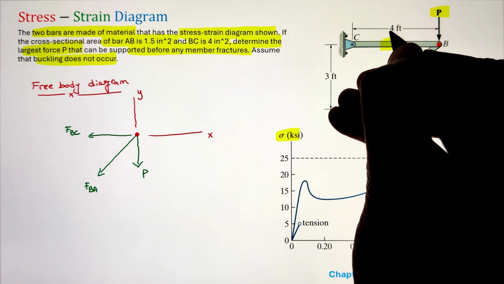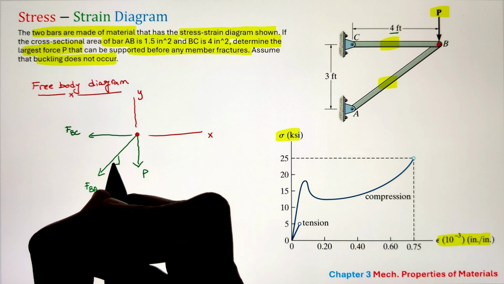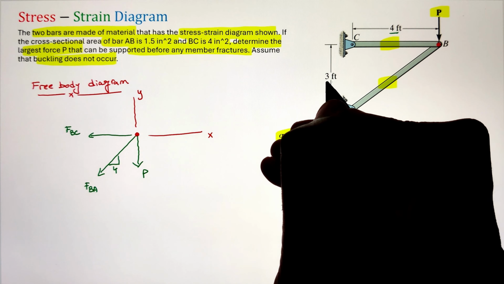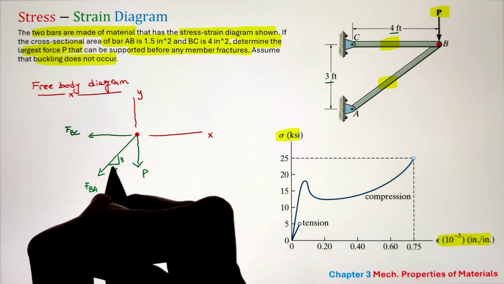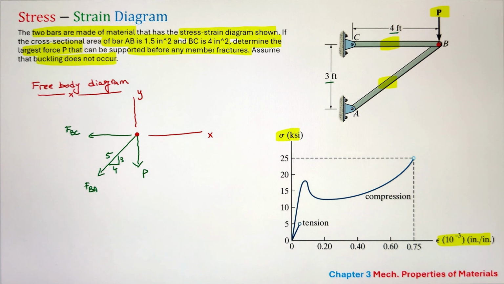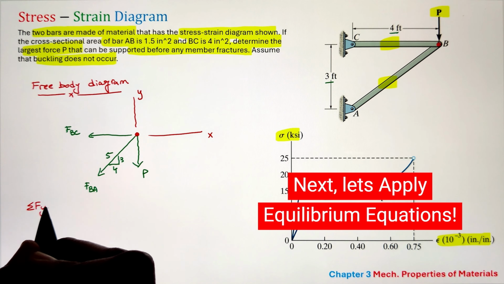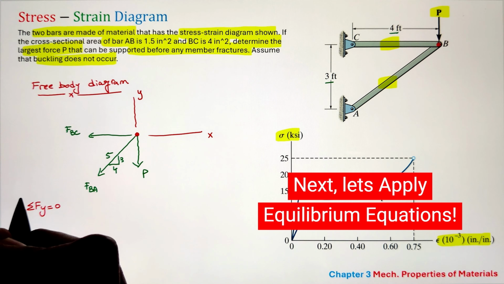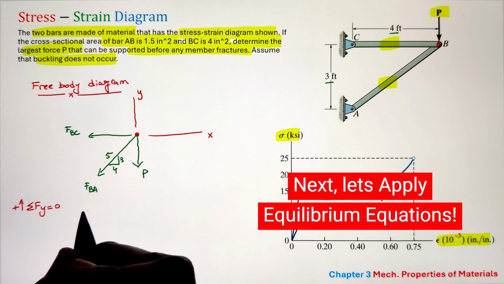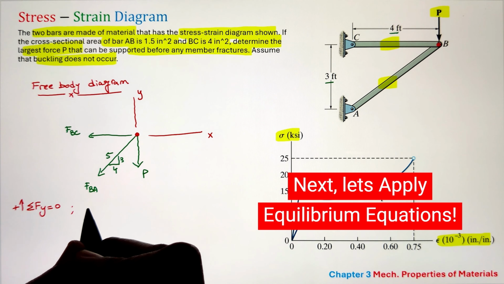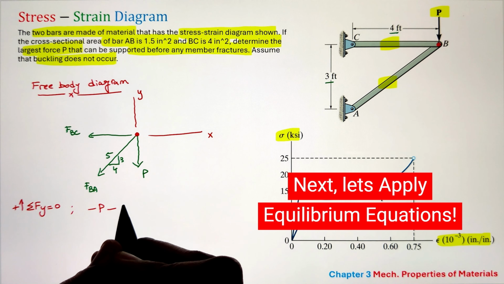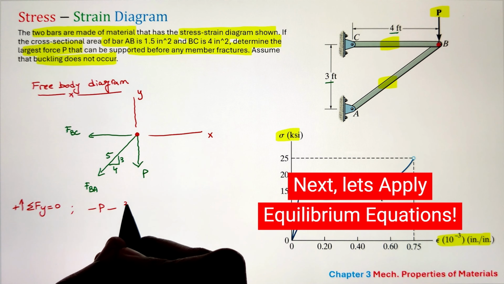Moreover, since it is at an angle and we are given the height of 3 feet and the horizontal distance of 4 feet, we can form our right angle triangle, and the hypotenuse will be 5. Next, once we have the free body diagram, let's apply our equilibrium equation, starting with the summation of forces along the y direction equals 0.